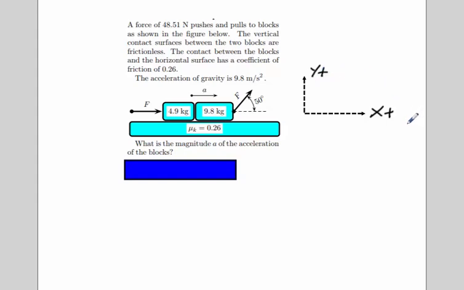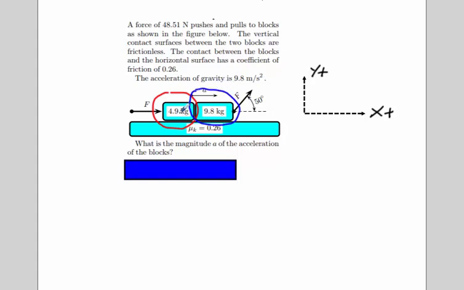I'm going to go into a lot more detail regarding Newton's third law notation when I do my free body diagram, just so you can recognize how to set up your force pairs. So the first thing I'm going to do is draw myself a free body diagram here, and then I'm going to turn around and draw myself a free body diagram right through here.